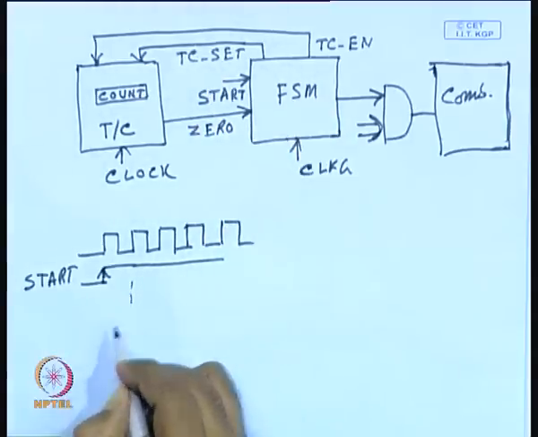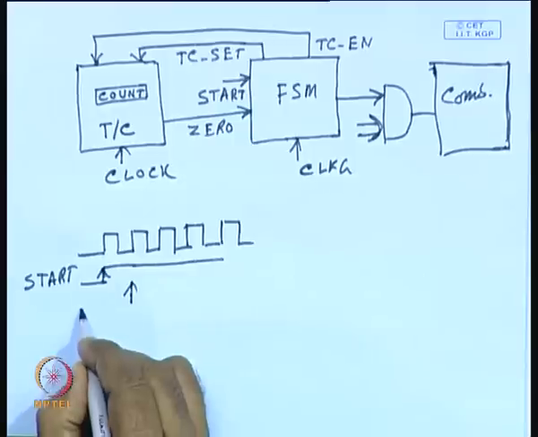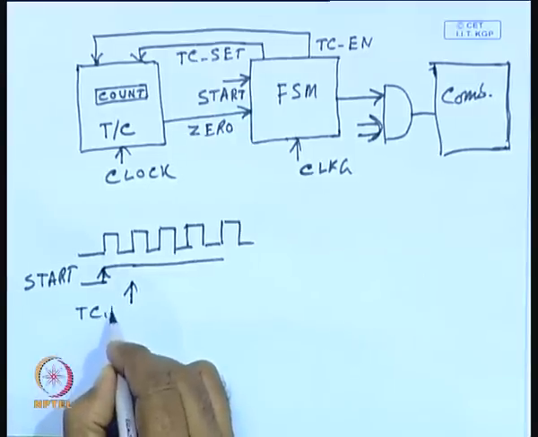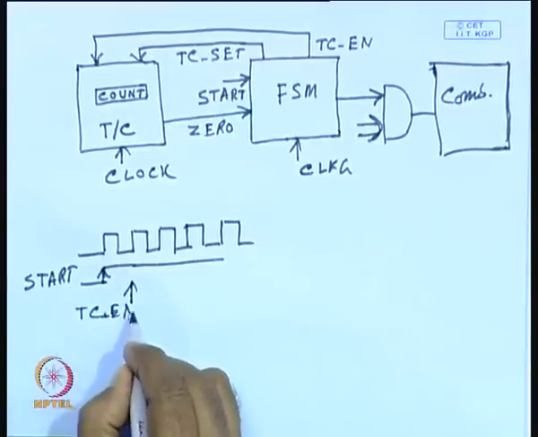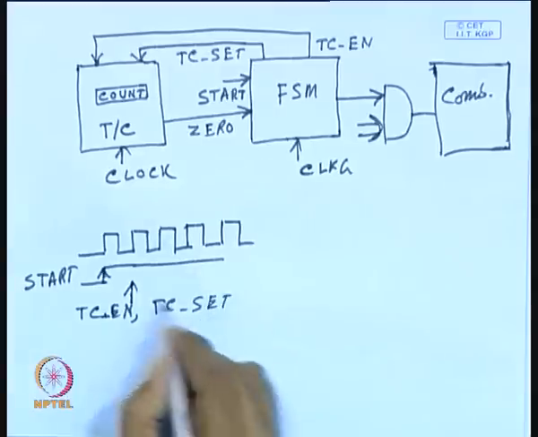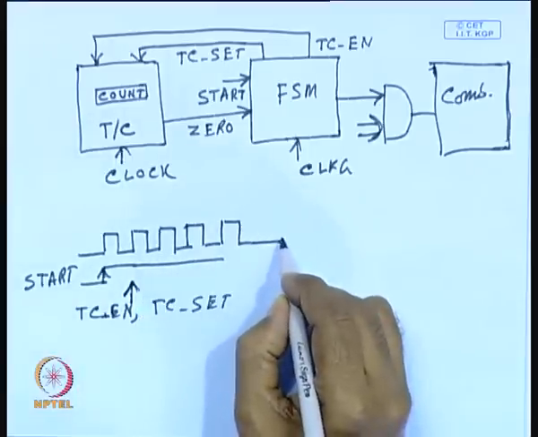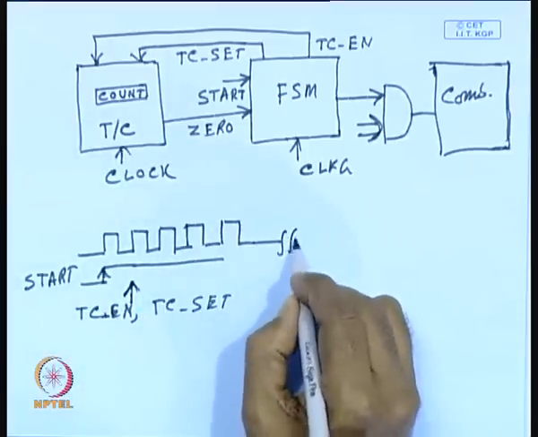So, at this point of time, the timer counter is enabled, TC enable and TC set signals are generated at this point, and now the countdown takes place. This countdown can take place for a long time.